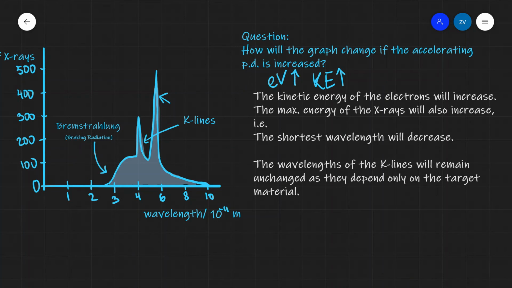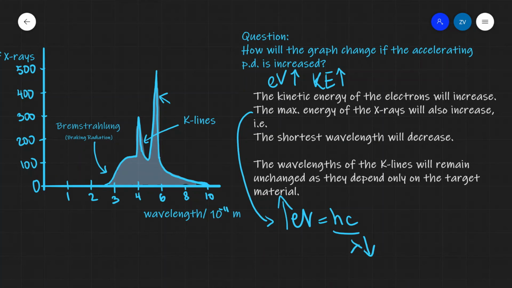Now, remember, let me just write in some notes. eV is equal to hc over lambda. So in order for this quantity to increase, lambda must decrease because h times c is actually a constant. Because of that, the shortest wavelength will decrease.